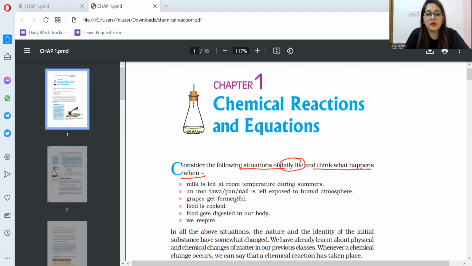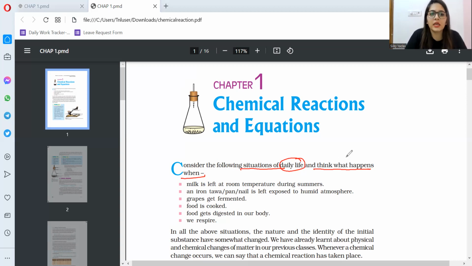And if we keep an iron tawa or a pan or a nail exposed to humid air, that is again going to cause oxidation of the iron pan, right? Grapes get fermented if they are kept in the open environment for a very long time. Even if you keep them in a fridge, it will take a longer time, but still they will get fermented.